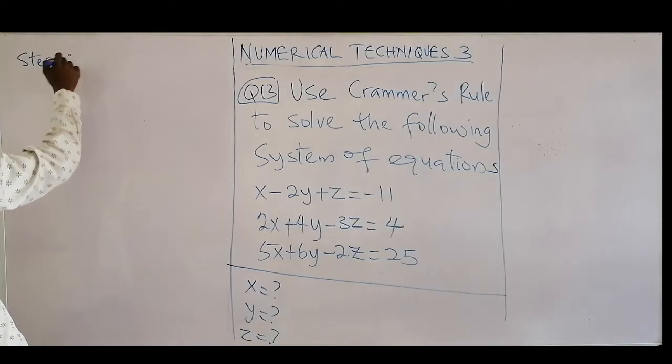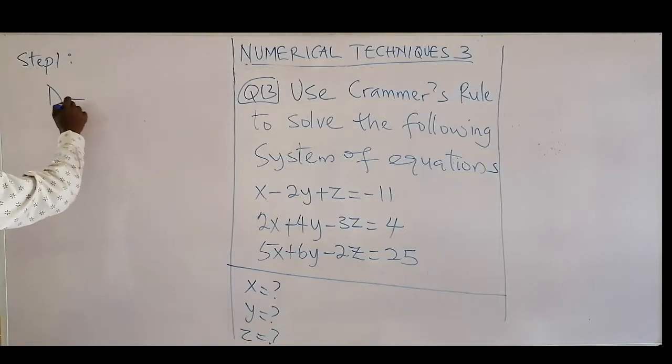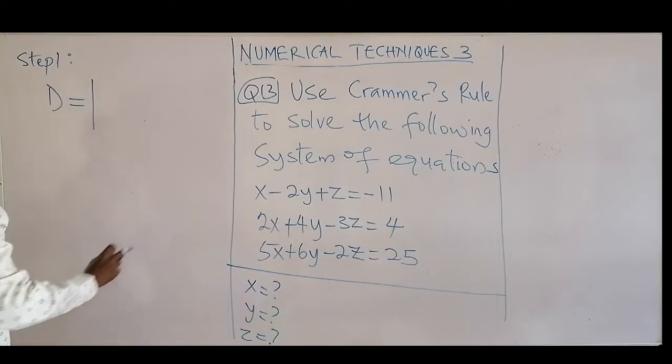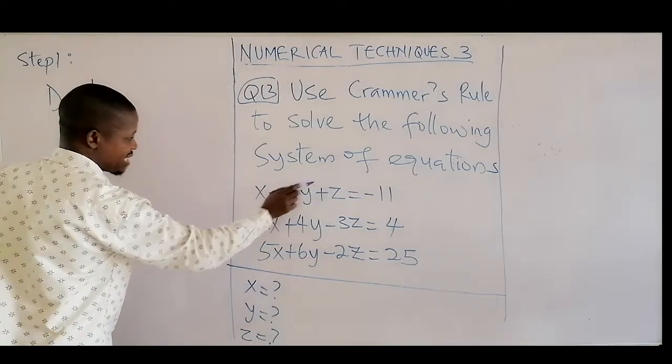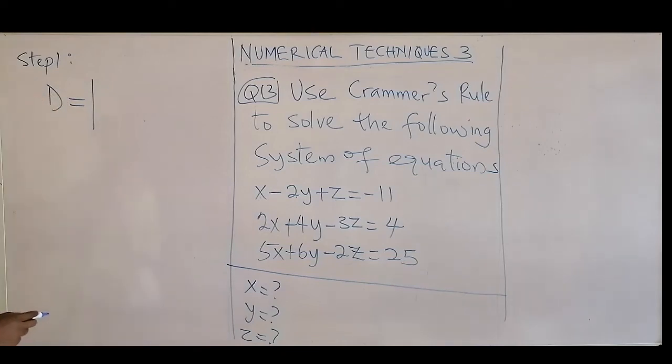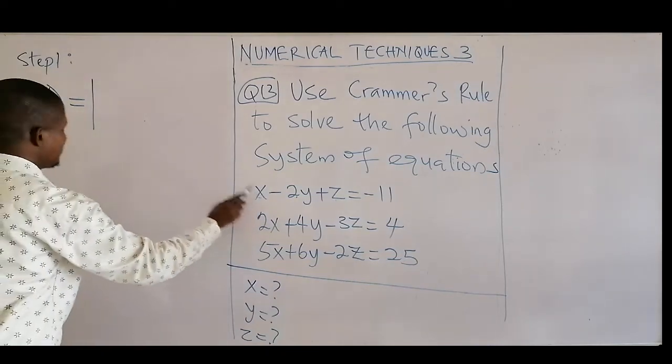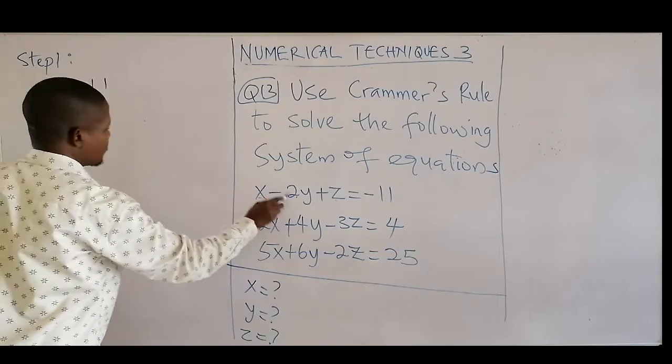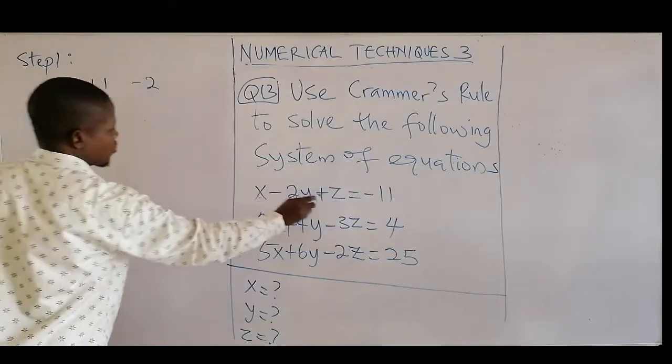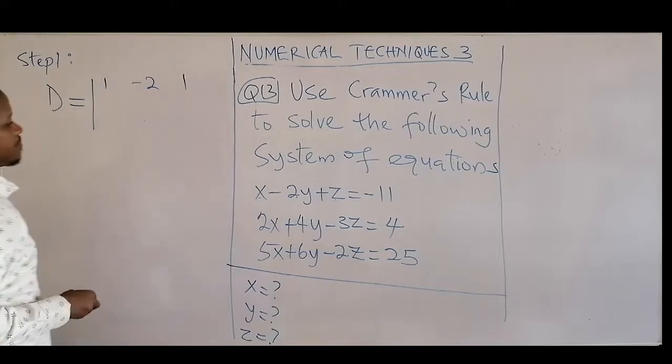Step 1, we need to get what we call D. Get your D, and your D is the coefficient of x, y, z for each of the equations. Here we have 1, here we have -2, here we have 1.